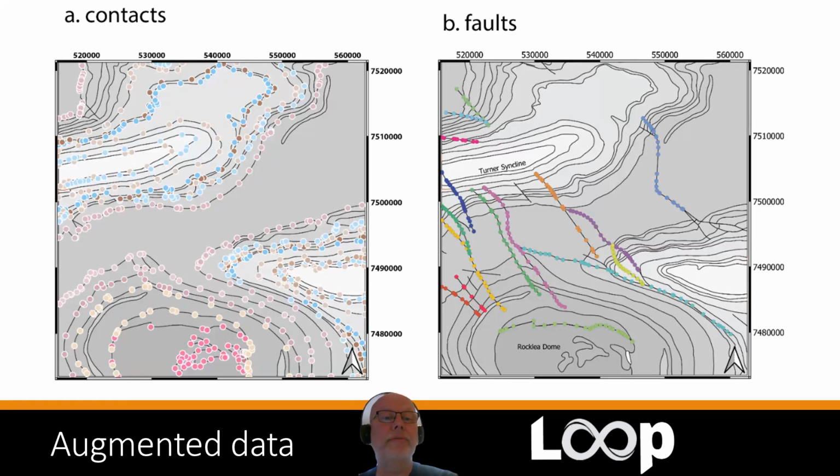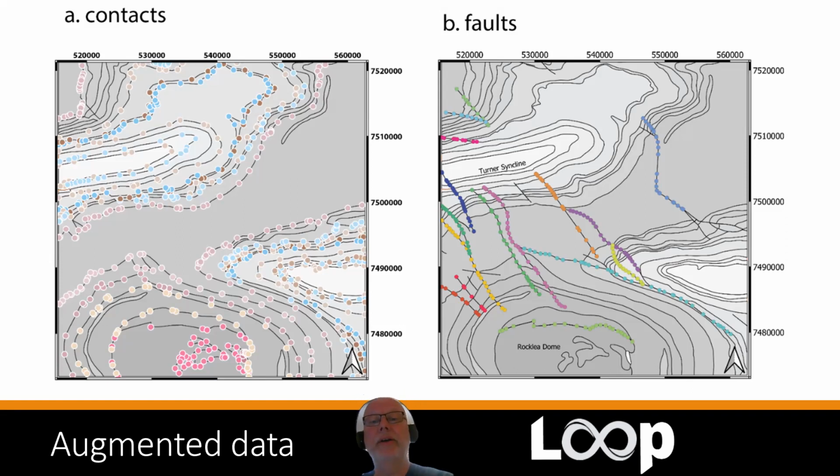But then we also have to work out what is the basal contact of each stratigraphic unit, because 3D modeling packages don't want the top and the bottom of a stratigraphic unit. They want one or the other. So we have to use our topological analysis of the map to work out what the basal unit is, and that we can feed into the 3D modeling package.